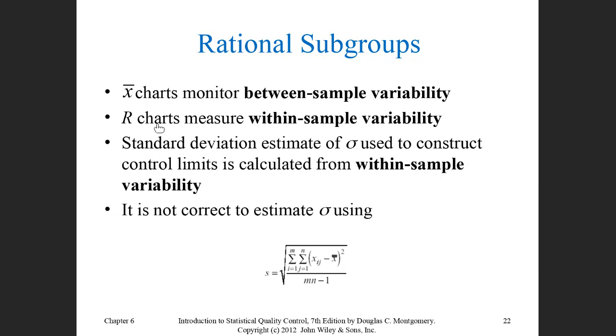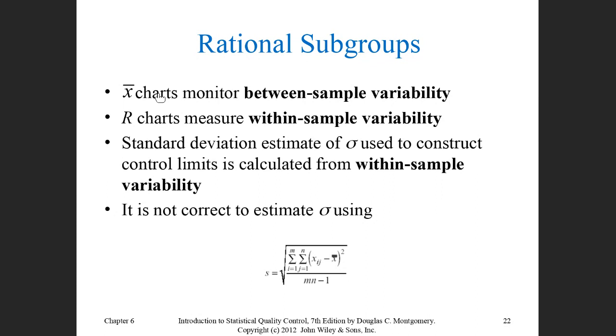The R is calculated within the sample by subtracting the smallest number in the sample from the largest number in the sample, whereas the X bar takes the average of every sample and then you compare them together.